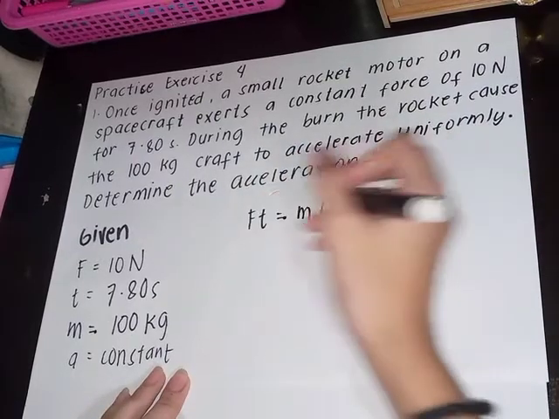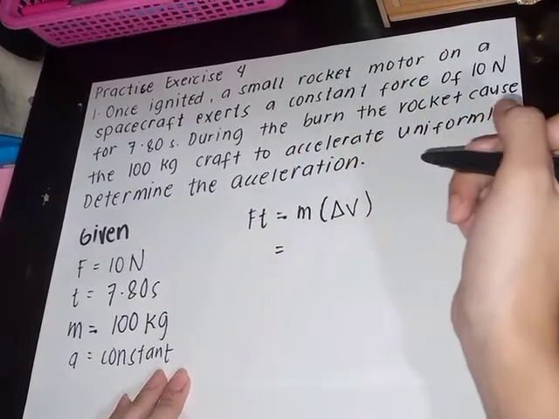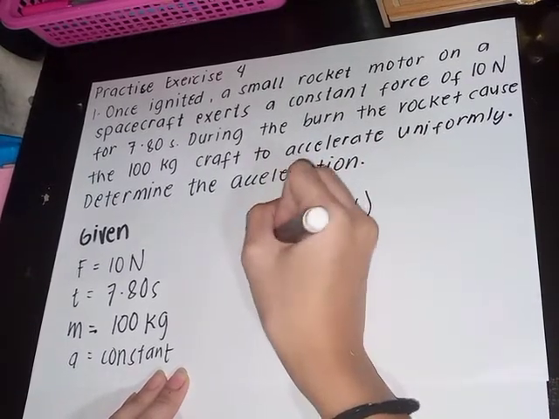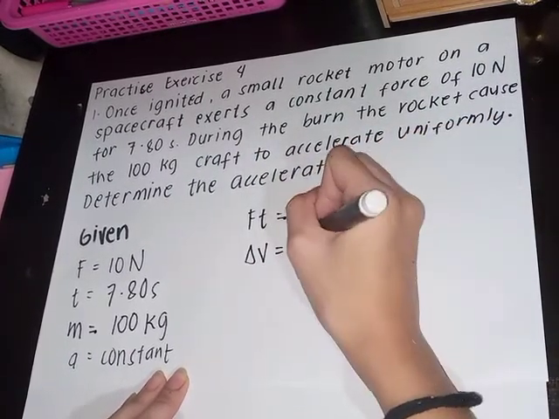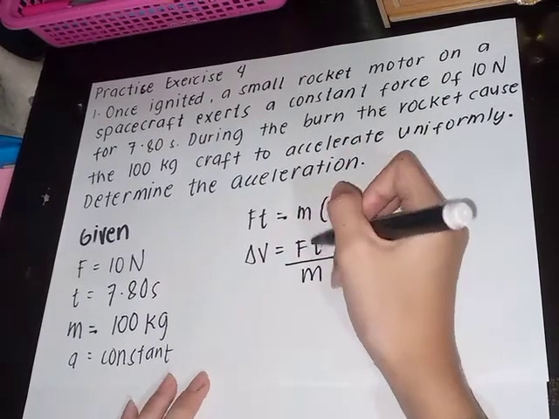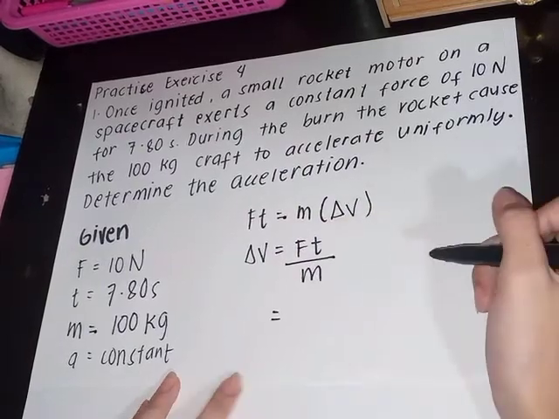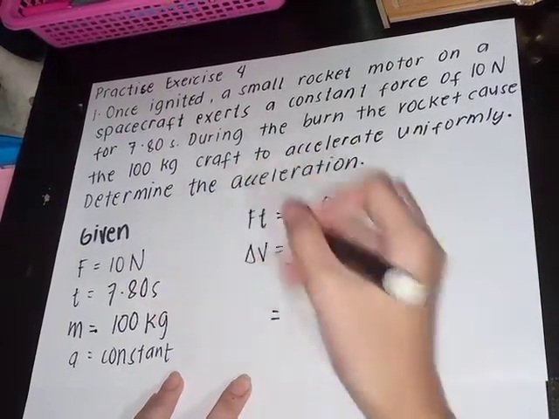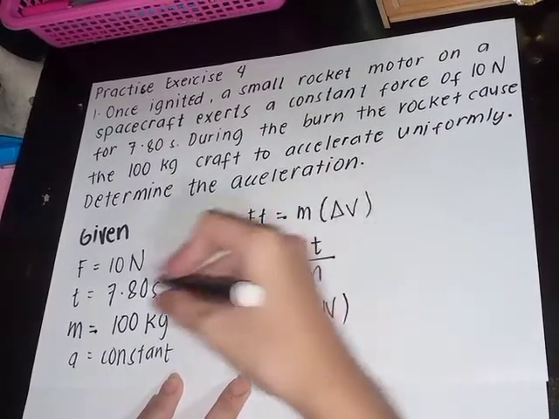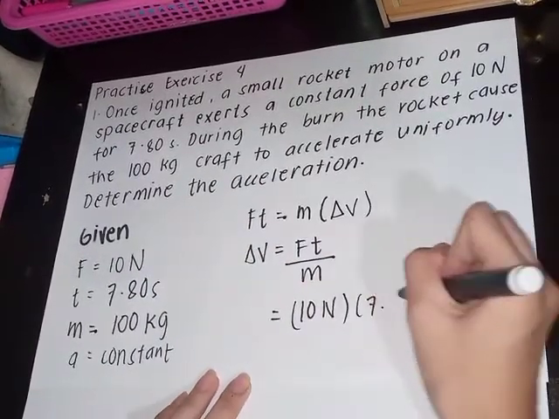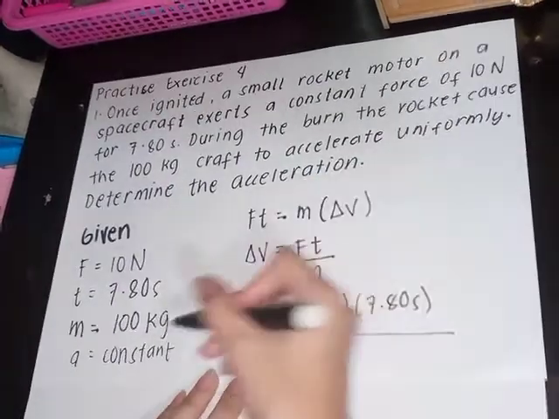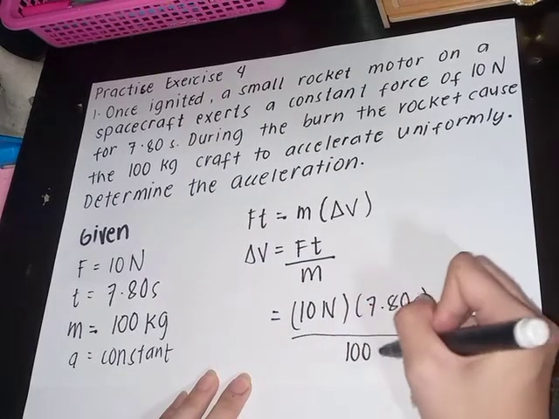So, usin muna natin yung formula. Changes in velocity is equals to force and time over mass. So, substitute the given. We have force of 10 Newton and the time of 7.80 seconds over the mass, which is 100 kilogram.